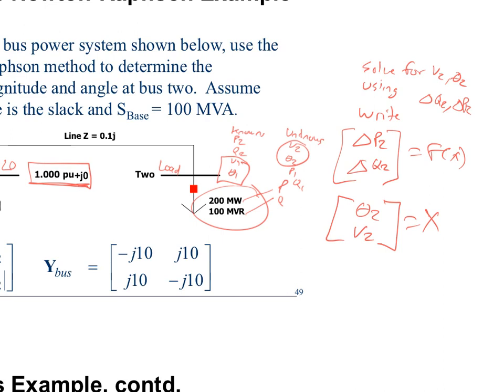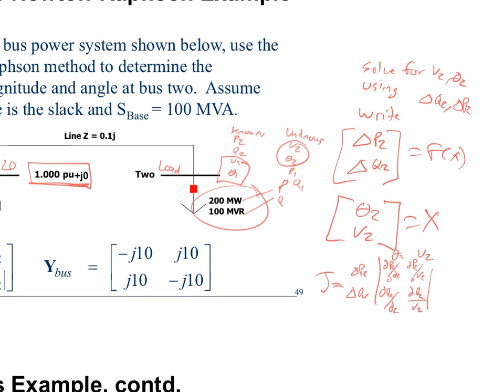Now I need to solve for my Jacobian, which, remember, is the partial of P2 with respect to theta 2, partial of P2 with respect to V2, partial of Q2 with respect to theta 2, and the partial of Q2 with respect to V2.